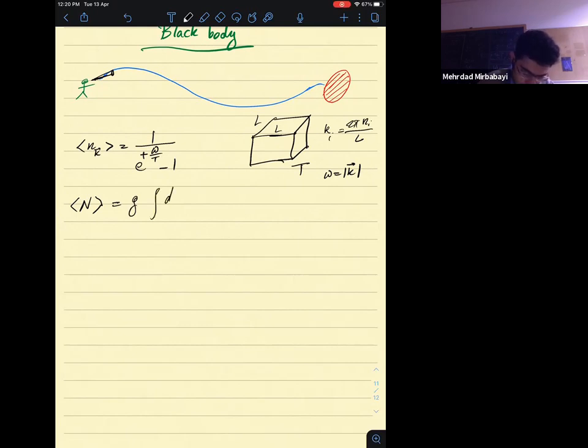So we get that the expectation of the total number is a sum over all energy levels, which is discrete in the box, but we can approximate it by an integral when we normalize the d^3k, the measure of integration, by (2 pi over L) cubed.